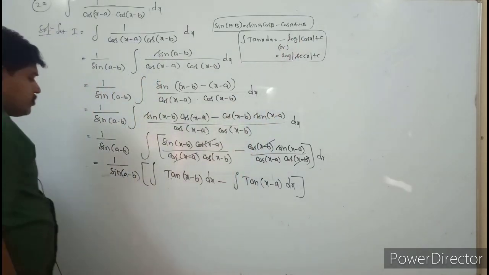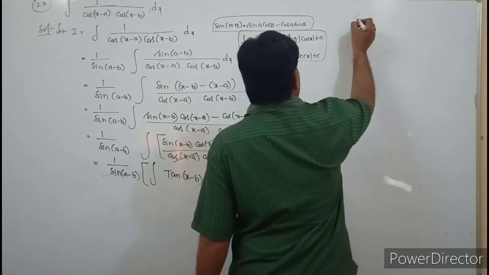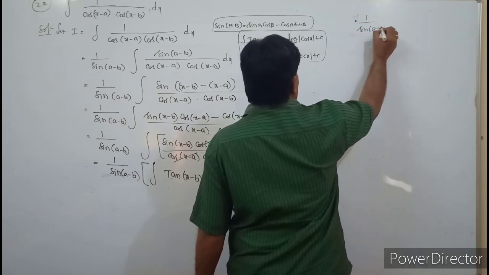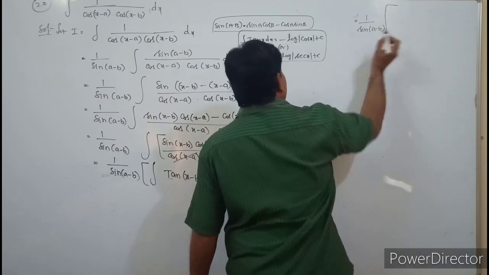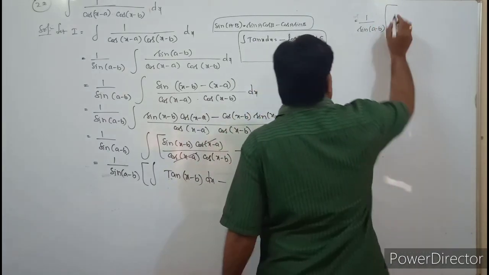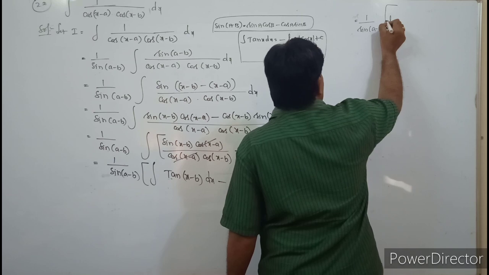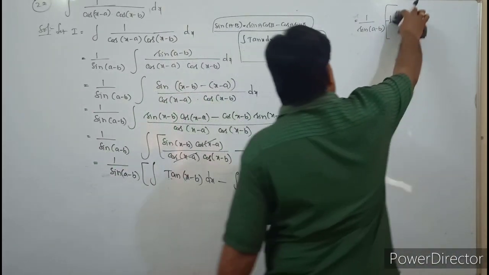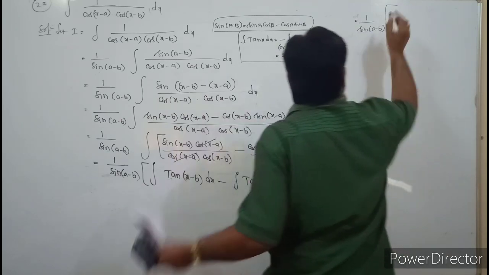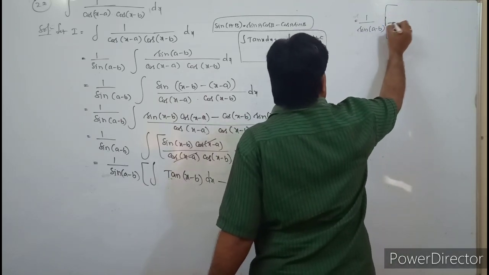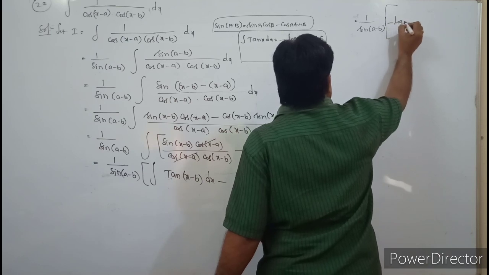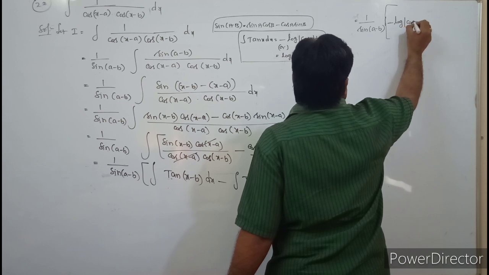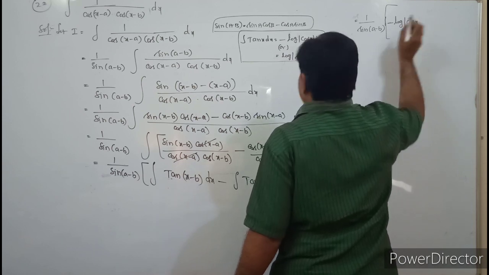So that is equal to 1 by sin of a minus b. Integral of tan, what is that value? Minus log of mod cos x, what is the x value?